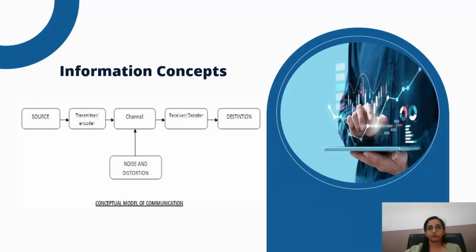So, here is the information concept. Professor Ray R. Larson of the School of Information at the University of California provides an information hierarchy: first of all, we have data, then information, then knowledge, then wisdom. So, what is data?